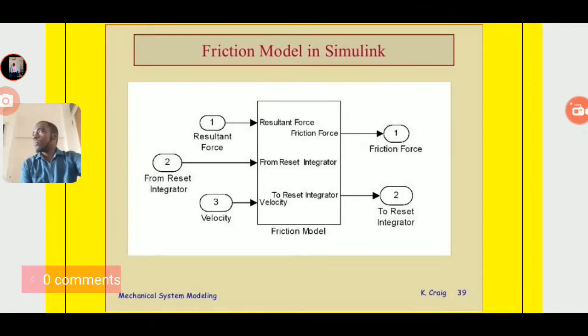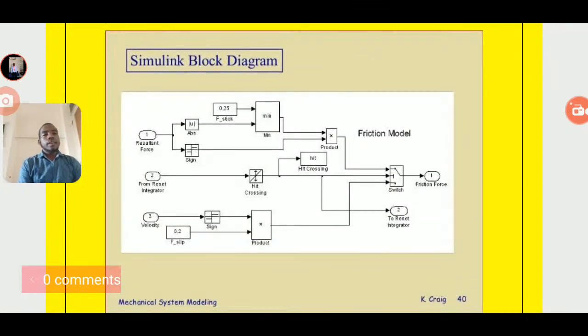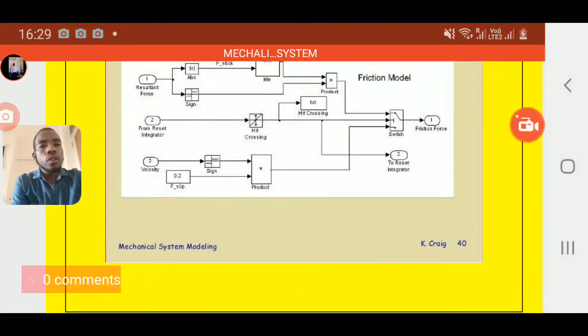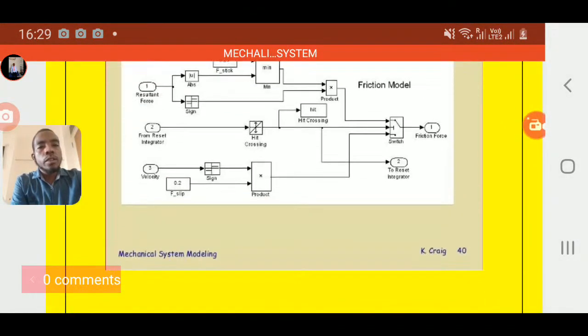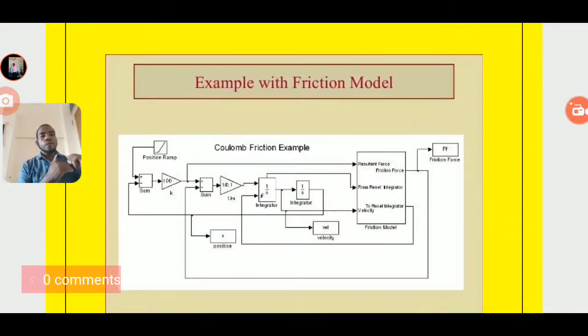This is the friction model in Simulink, the Simulink block diagram. We can see it like this also. This is the diagram for the Simulink block diagram. Here is the example with the friction model.